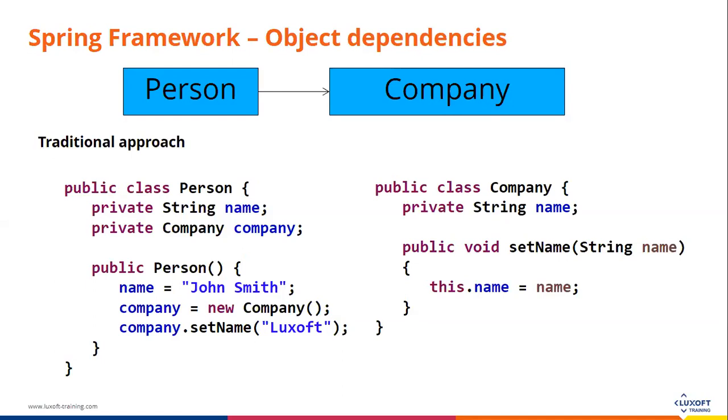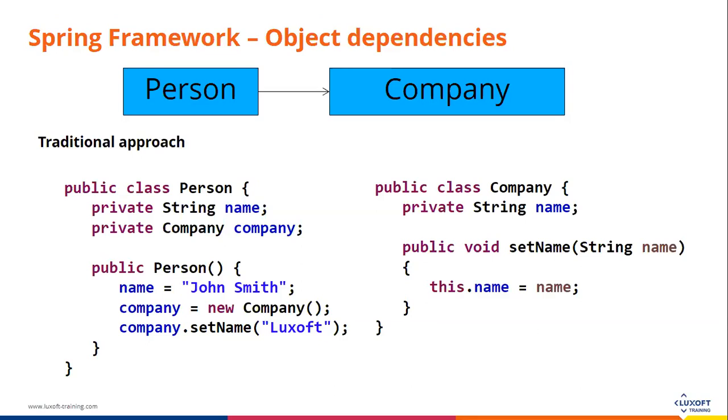Let's have a look here at how we have arrived at this idea of Spring taking the control. Remember, we are talking about dependency injection. One simple starting example is that we have two classes that have a dependency between them.